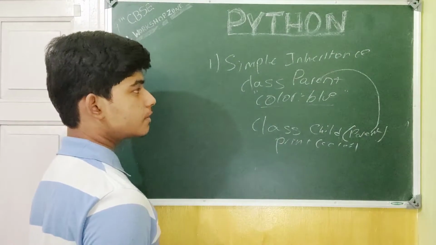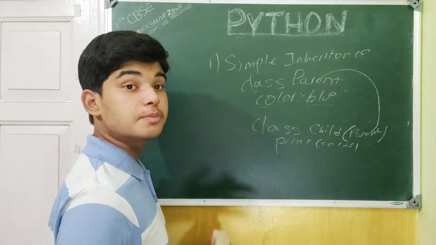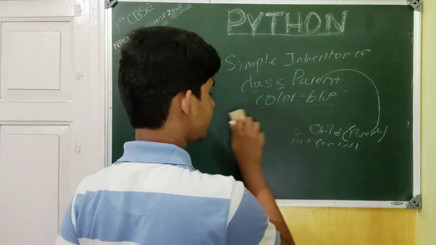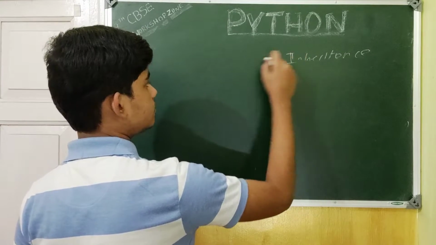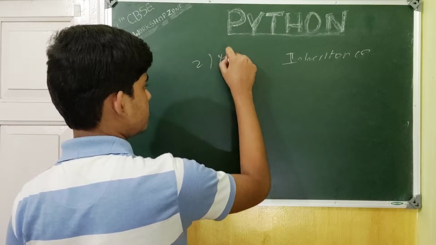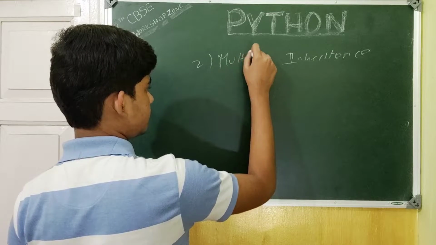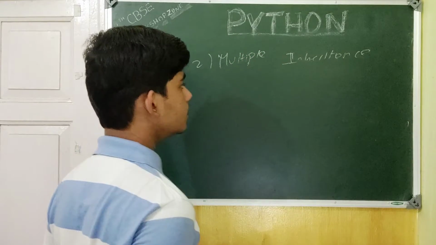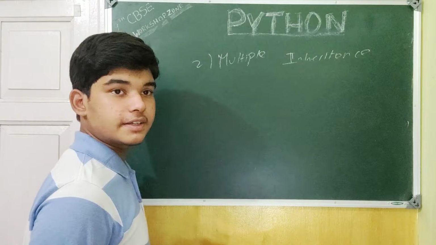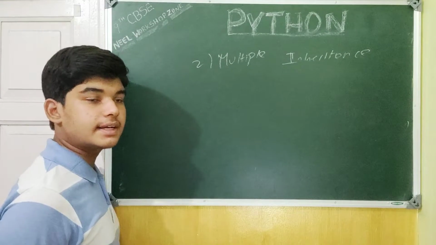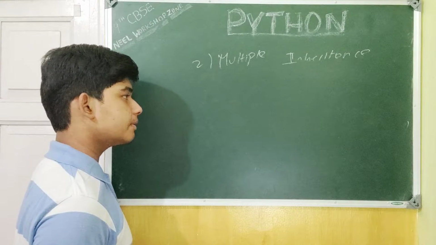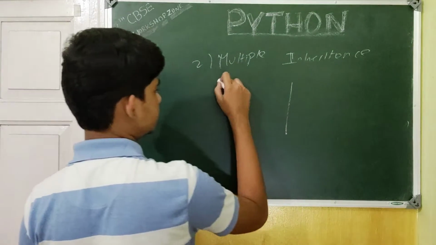So now let's talk about the second type of inheritance, which is multiple inheritance. In multiple inheritance, one child class inherits the properties of two parent classes. So for example, let's write two classes.